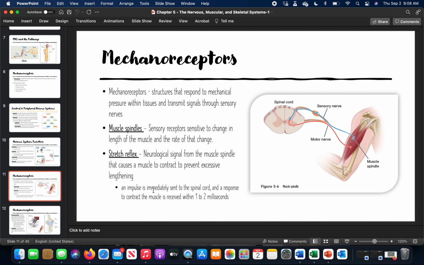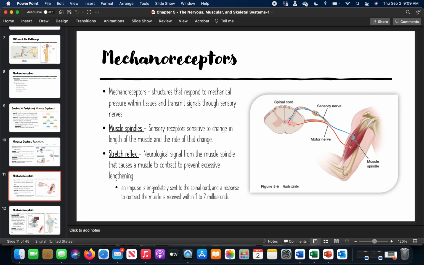But in this sense, a male who is not very flexible gets into that split, now he is going to feel that very handily, and his muscle spindles are going to try to do whatever they can to avoid excessive stretching. But if you slip and fall too much, that's why you'll get injuries, because muscle spindles weren't able to preserve and basically avoid that from happening.